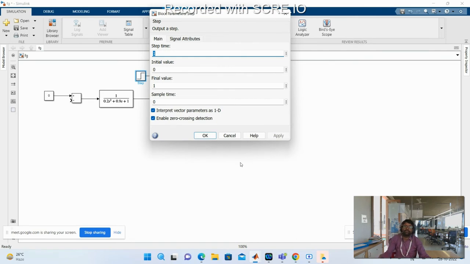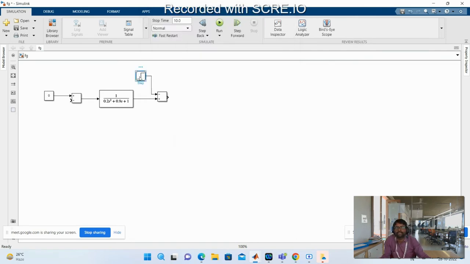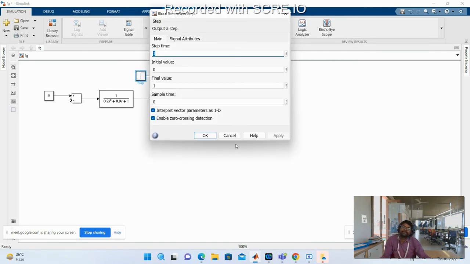So tell me what change I have to incorporate, based on the problem set which I have given to you. Final value 0.01. Yes, final value 0.01. Good. Next. That's it. Or anything else?